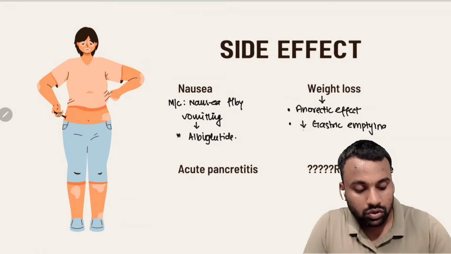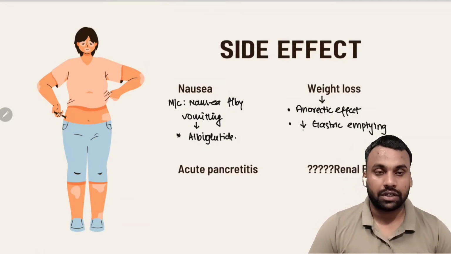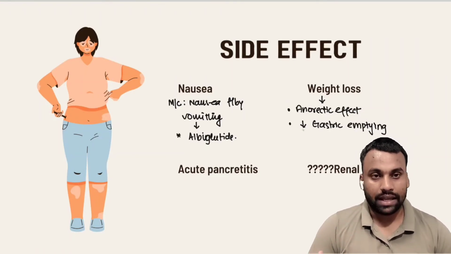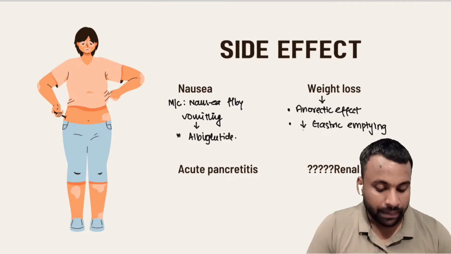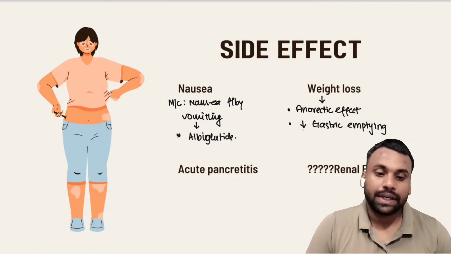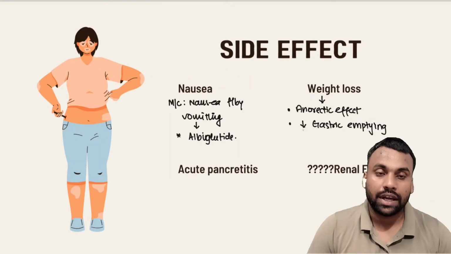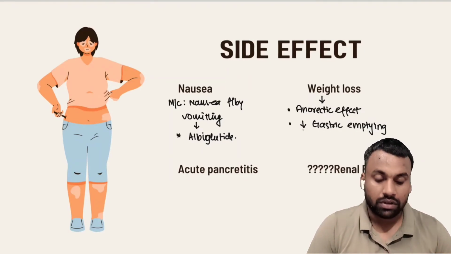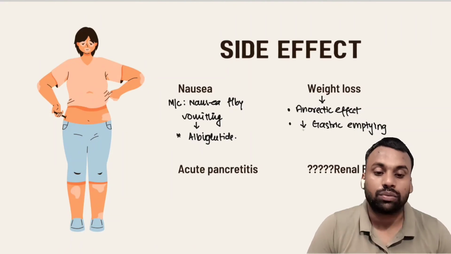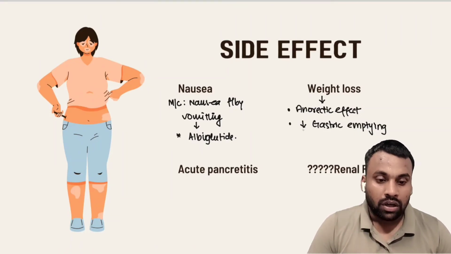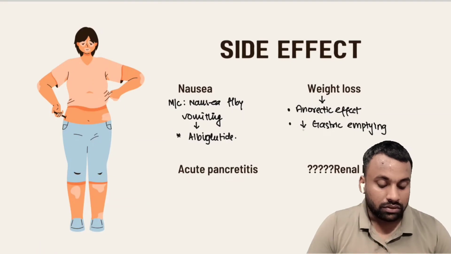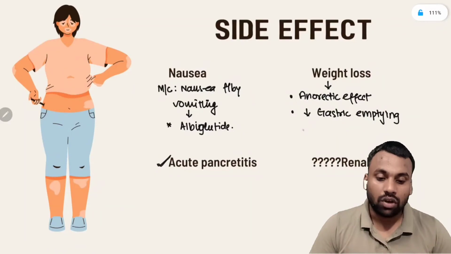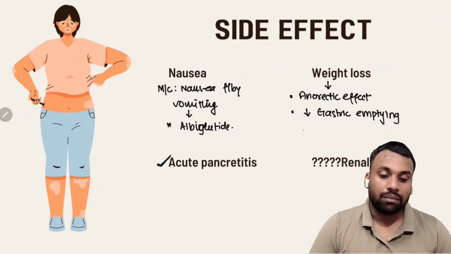Due to these two conditions the patient may present with weight loss, and they are mainly recommended in patients like obese patients. They may also precipitate syndromes like acute pancreatitis, and some drugs like DPP-4 inhibitors also precipitate this type of acute pancreatitis.